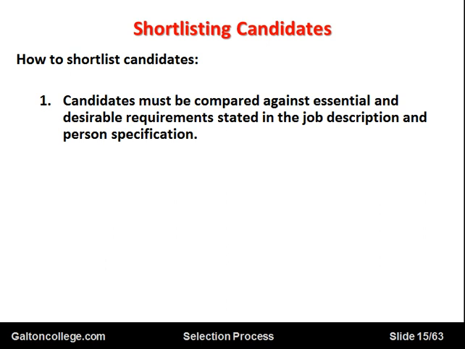Absolutely essential. And desirable are extras. So if the job states they must have 5 years experience doing a certain job, that's essential. They must have it, 5 years. But if they've got 7 years, the extra 2 years is highly desirable. And if they've also got some qualifications in the area, that's desirable.